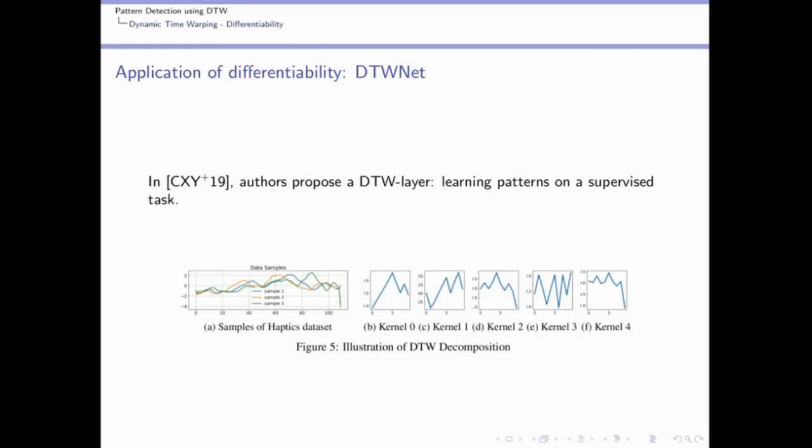One approach proposed by authors last year was the DTW layer, which consists of learning kernels. When we have the discrepancy between x and y, basically learning one of them, for example learning x, and feeding the residuals from the discrepancy forward to the second layer or kernel, and so on.